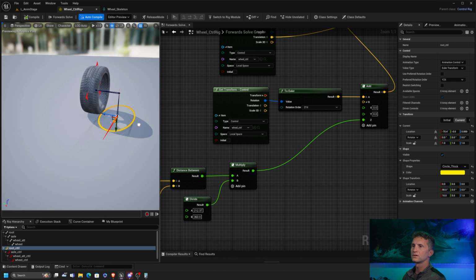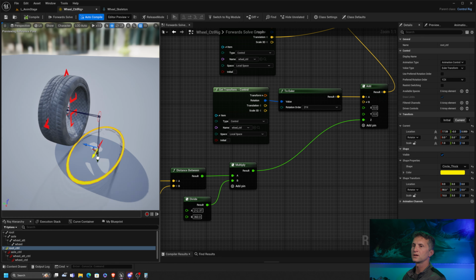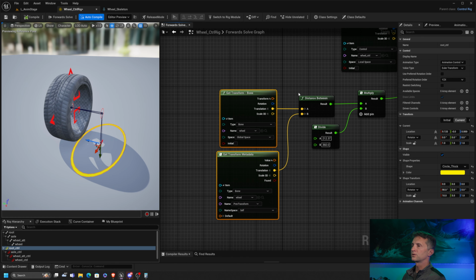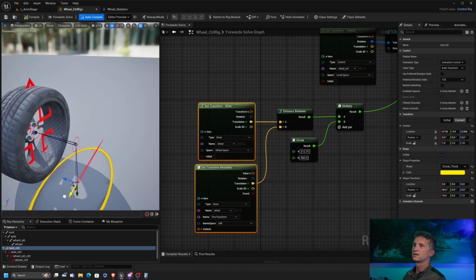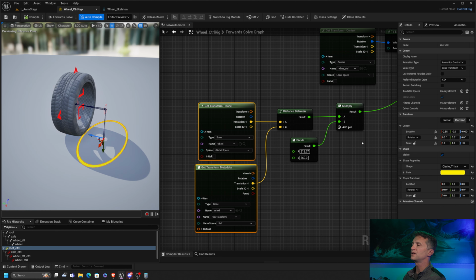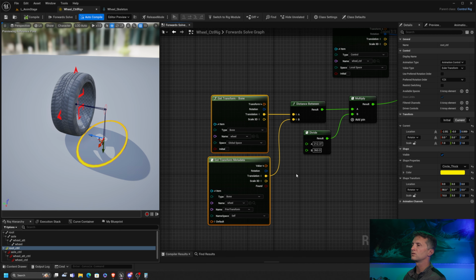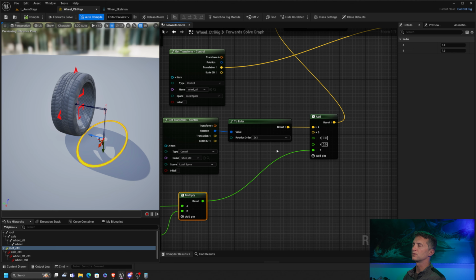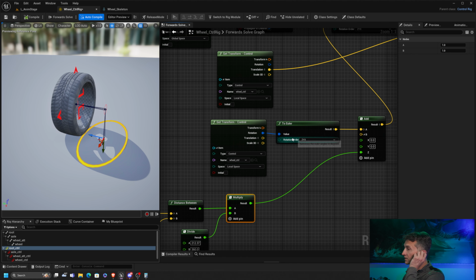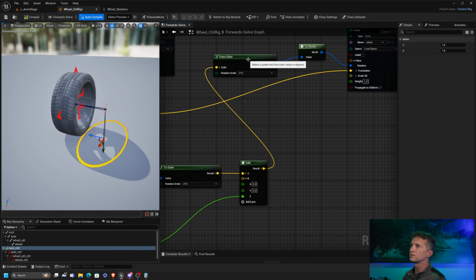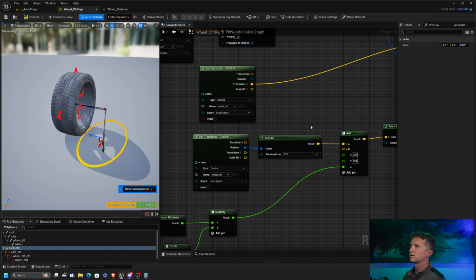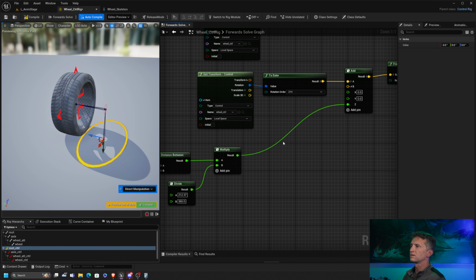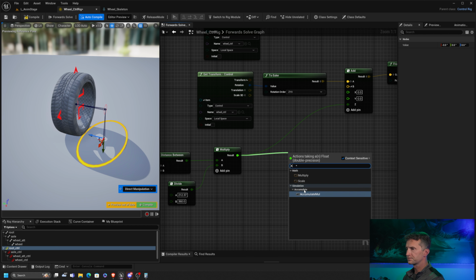Okay, so let's see if we can't stabilize this a little bit. All right, so we have a distance that's being rolled, and it is the opposite of what it needs to be. So what that means is the distance is positive, we know that. This is how far we need to roll, we know that. Now we've got to figure out the direction, because what we could do is, for example, just stick a multiply in here.